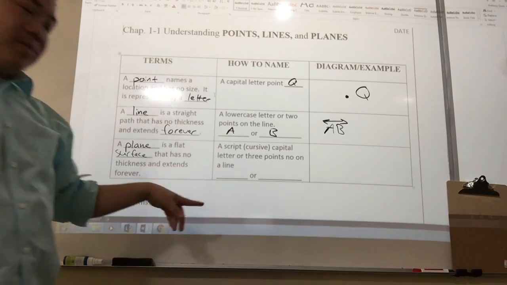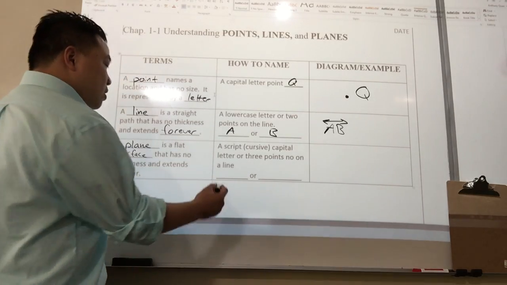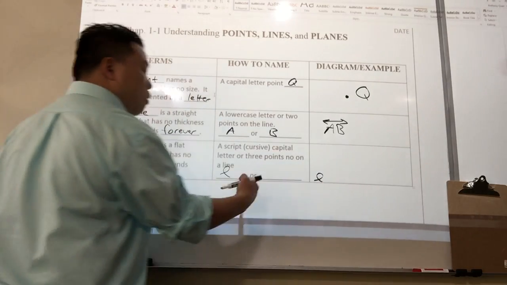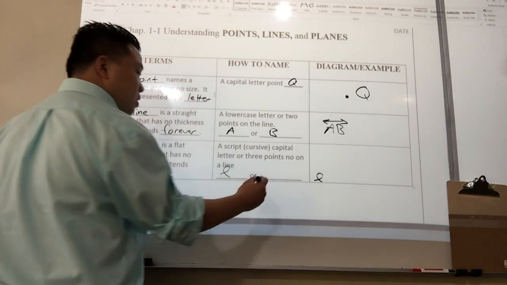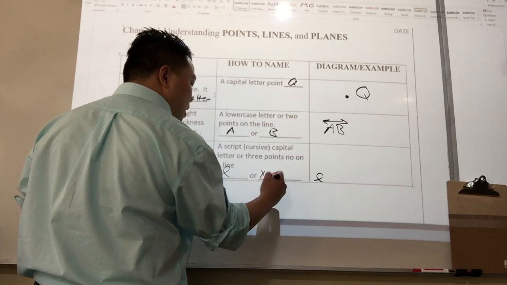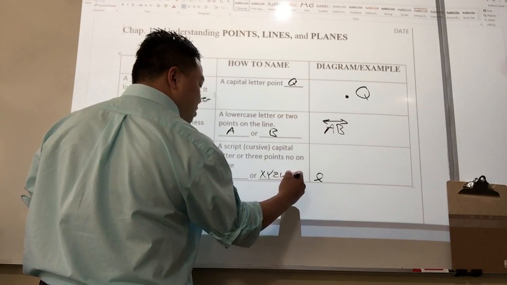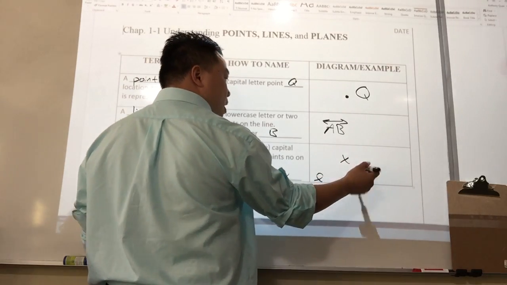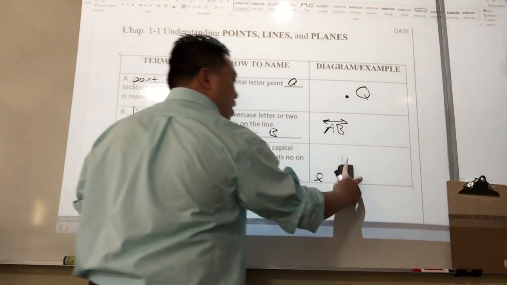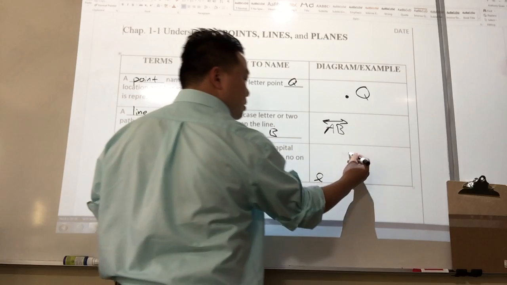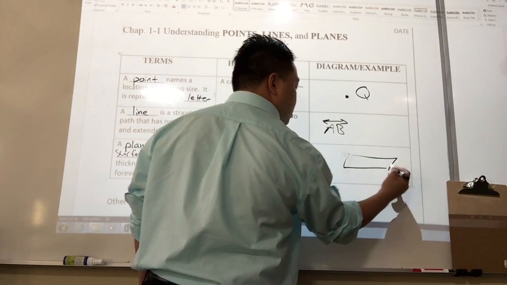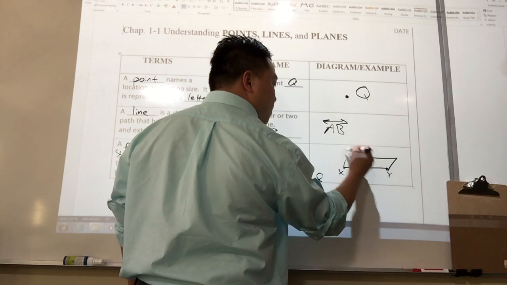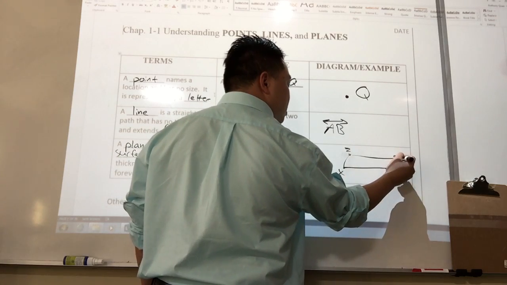We usually represent it with a cursive letter, so it could be a cursive letter L, or we can use 4 letters, like X, Y, Z, W. A plane is like a box. So a plane looks like this. The corner is X, this is Y, this is Z, this is W.